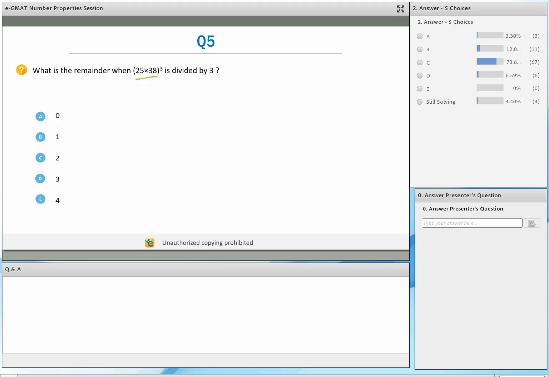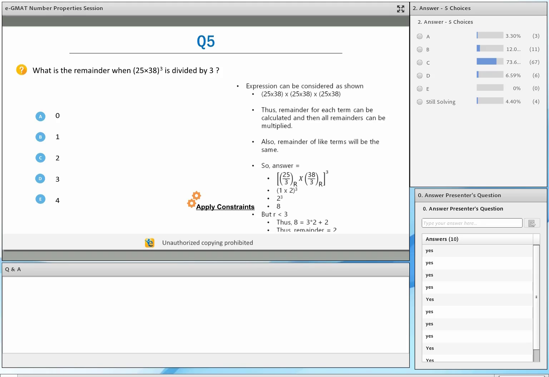Now tell me, were you able to use the method to solve this? Good. So let's follow this along. Now this expression can be considered as 25 times 38 times 25 times 38 times 25 times 38.